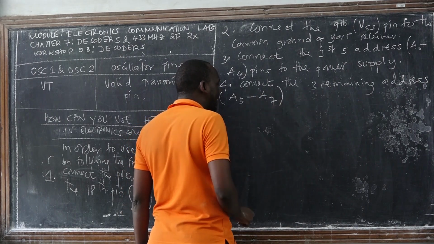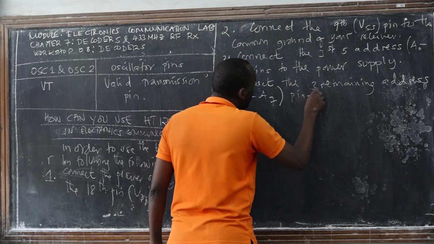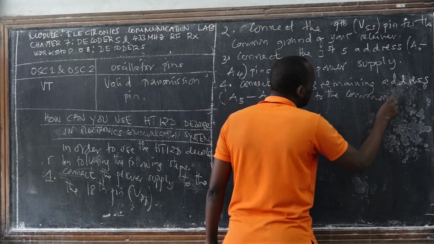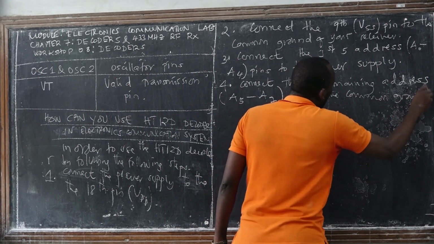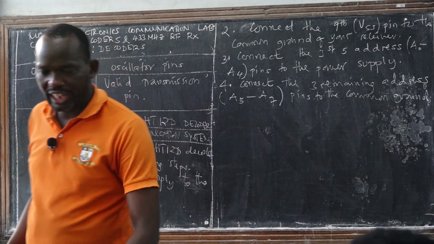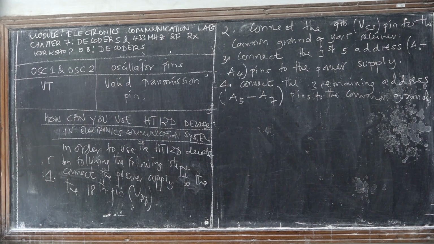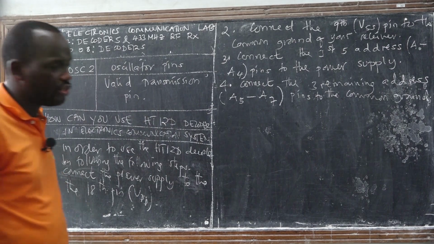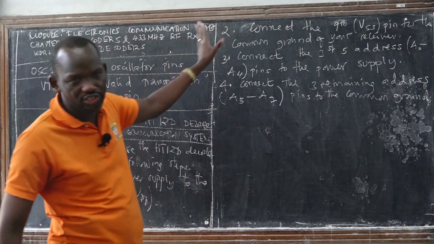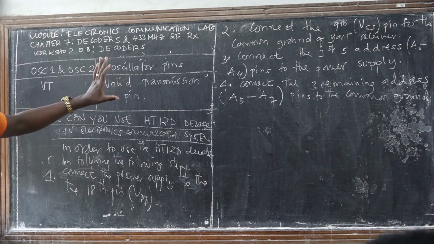I'm talking to the entire class. A5 to A7 pins. Connect them to the common ground. So with the first step, you are done with the left hand side of the HT12D decoder. You have already used all the 9 pins on the left hand side of the HT12D decoder. Right?